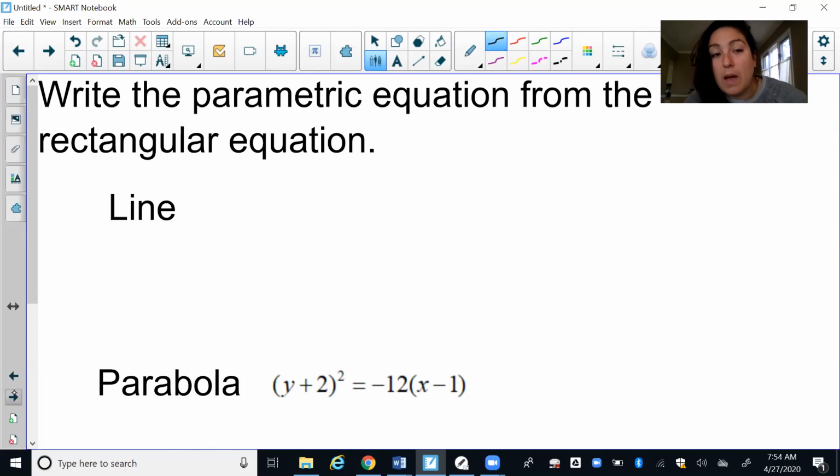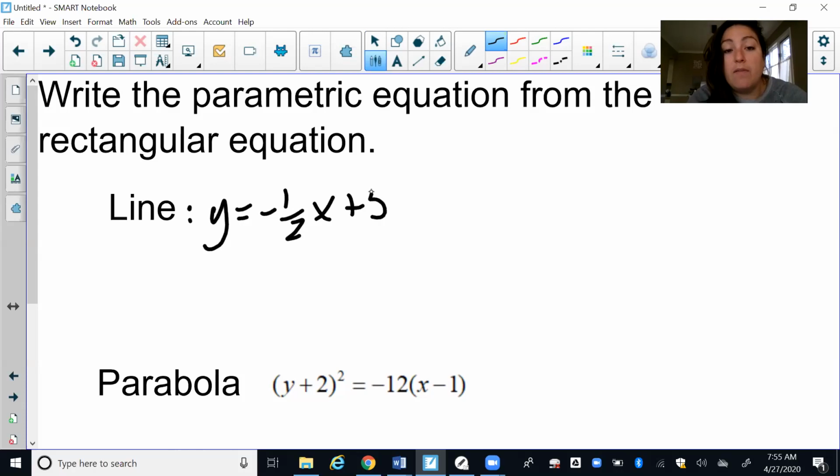So I'm guessing that what's meant is, given the rectangular form, find the parametric equation. I'm going to give you an example of both a linear and a parabola. So let's say we're given a linear, y equals negative 1/2 x plus 5, and we want to write the parametric equation.